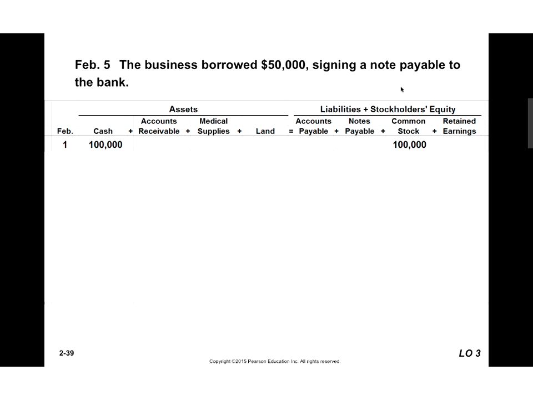And the other side of this is the business signed a note, an IOU. The note can be a payable or receivable. A payable is something we owe, so this is a note payable. So you're going to see cash going up by $50,000, and notes payable, the liability, going up by $50,000.